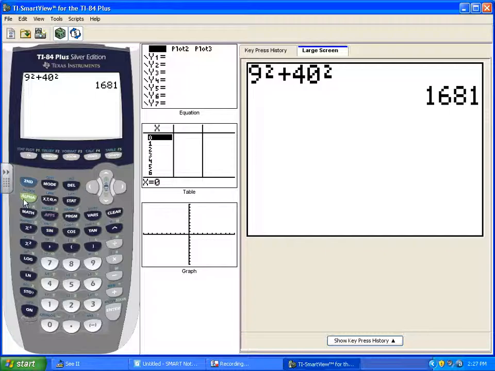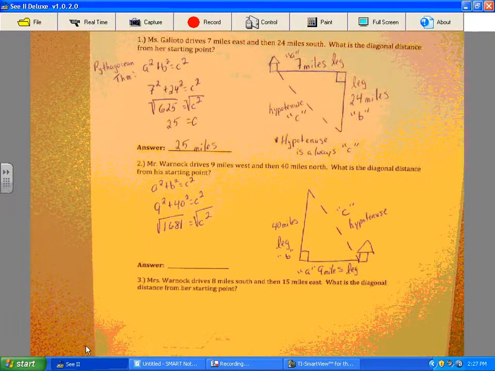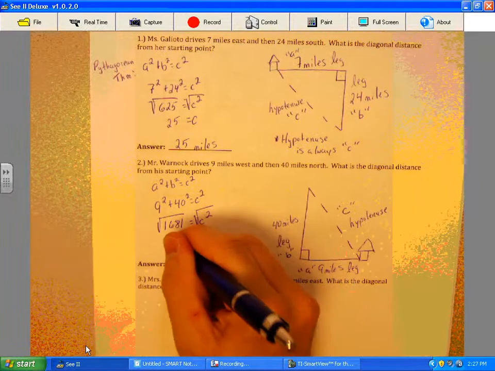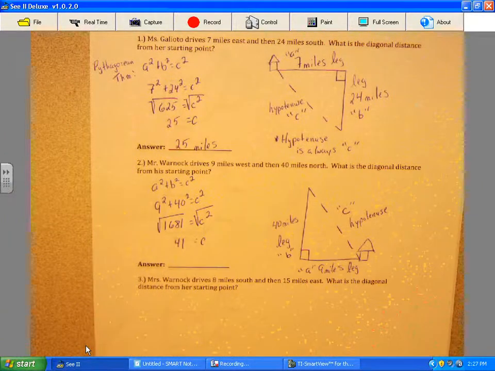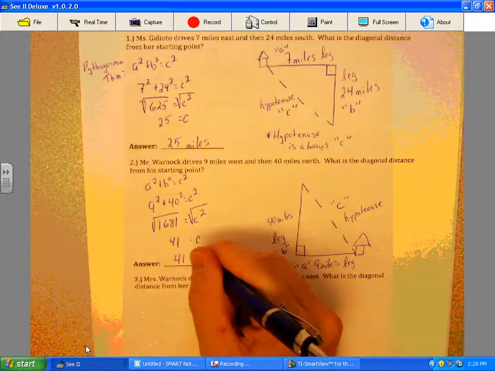So we do second, hit that x squared so the square root comes up, of 1,681. And you get c to equal 41. So our c value is 41. So the answer to that question, what is the diagonal distance, is going to be 41 miles.